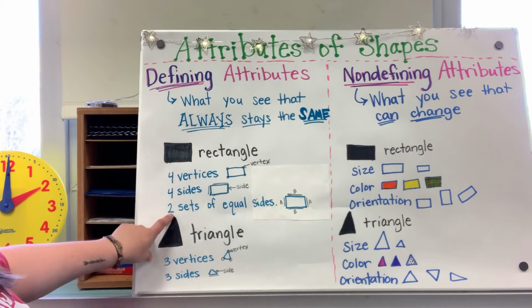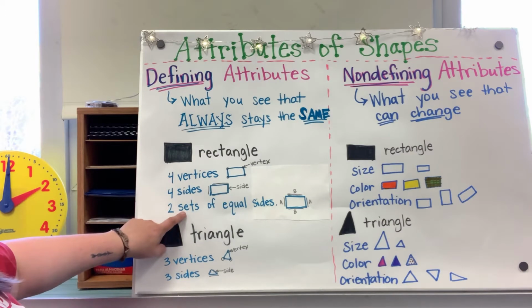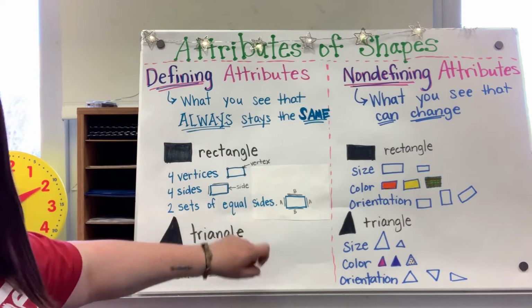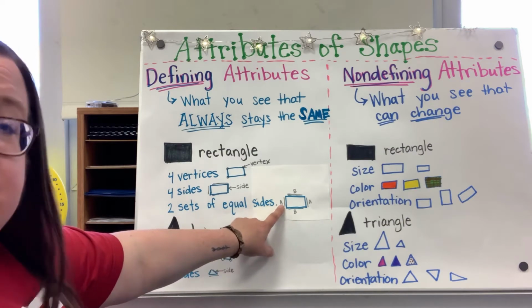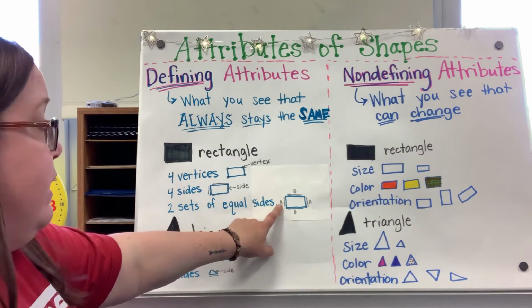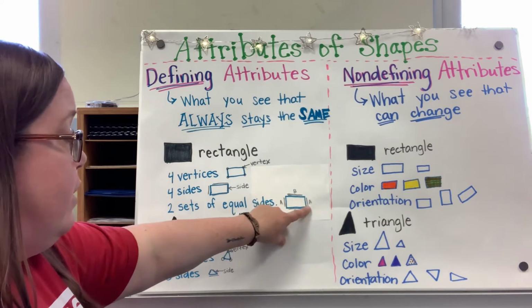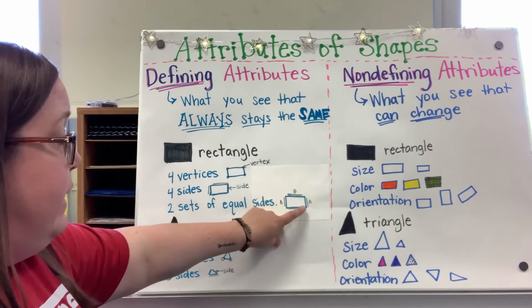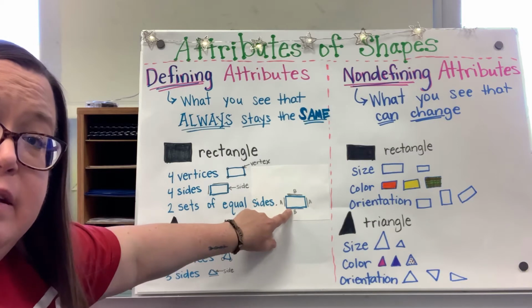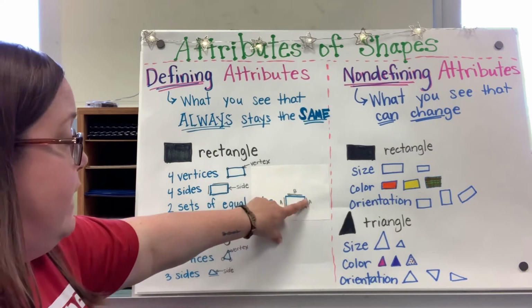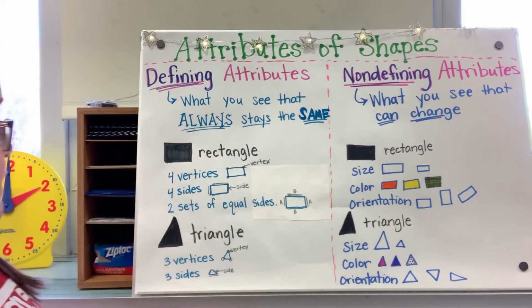And every rectangle is going to have 2 sets of equal sides, okay? I marked them on this drawing as A and B. See how the A's are the same length and the B's are the same length? 2 sets. There's a set and there's a set that are equal.